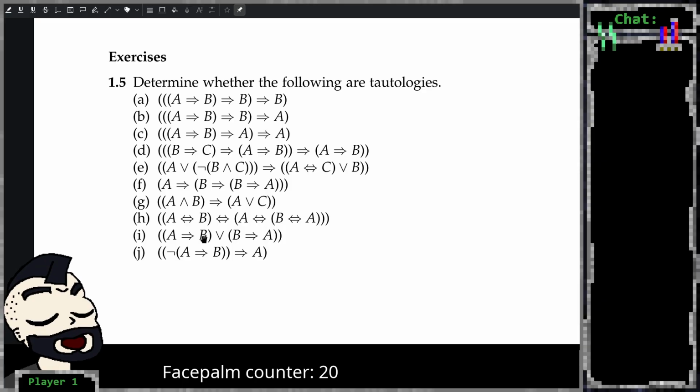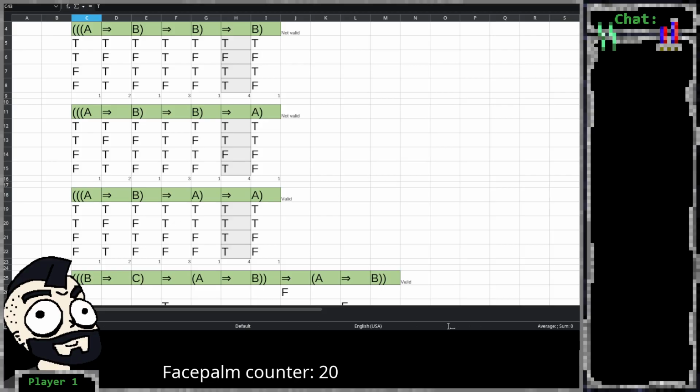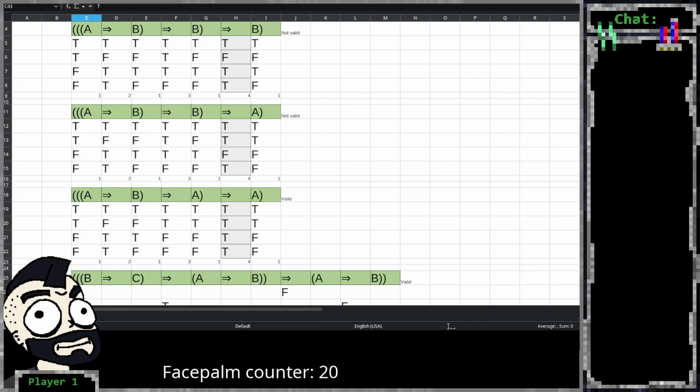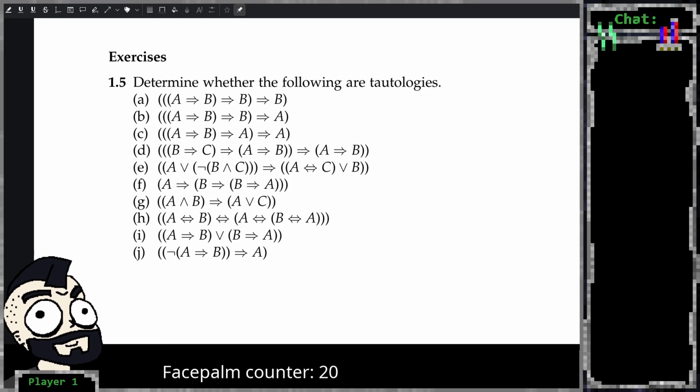so with all these methods that we have for evaluating formulas through their truth functions, we had some homework. Here it is, the first part. So this is the 1.5. So okay, already need to backtrack. Determine whether the following are tautologies.